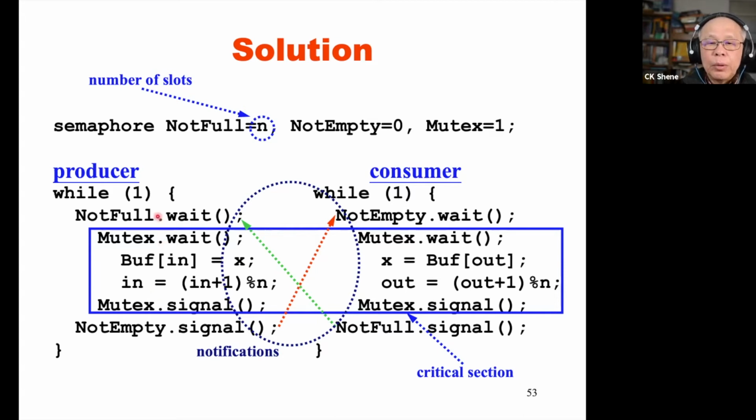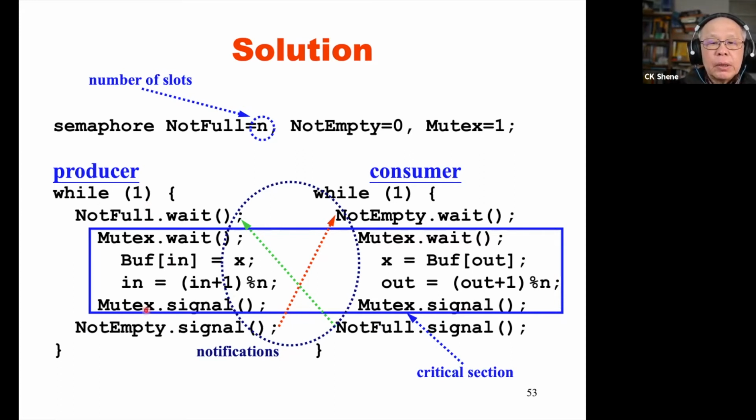For example, you have allowed n processes to pass through not full, and what if all n of them add things into the buffer? Now, after the nth process signals, assuming none of the consumers are there, not full is n, now n minus 1.